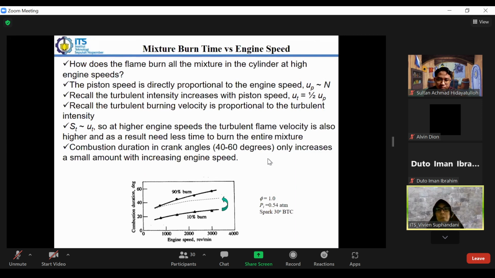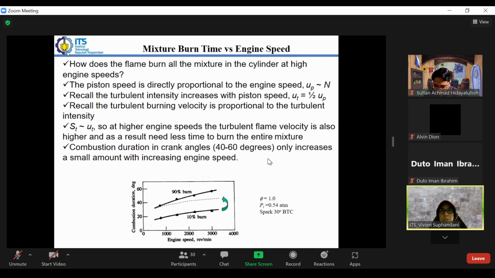Okay. So when we look at here, what is the correlation between the burning time and the engine speed? This relates to the rotational speed of the crankshaft. It means when we have a higher engine speed, the stroke will be faster.